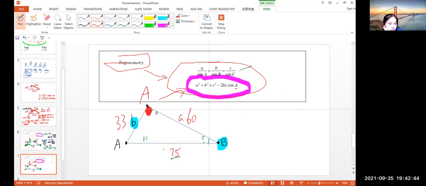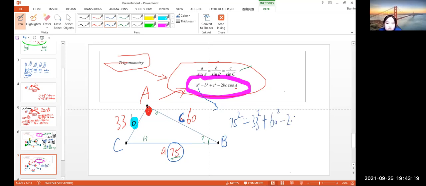So I hope you know why I relabel them. Okay, so now you know why I relabel them, to fit this. So now A square is the side. A square is this one, 75. Equal B square, which one is 33, C, 60.